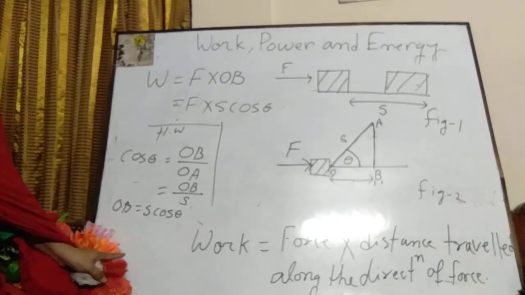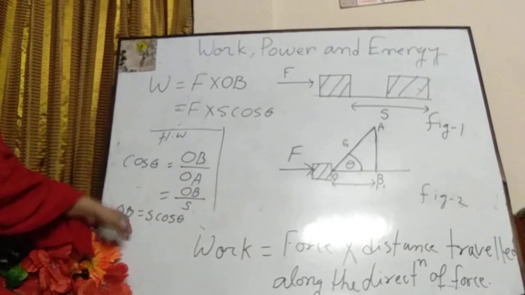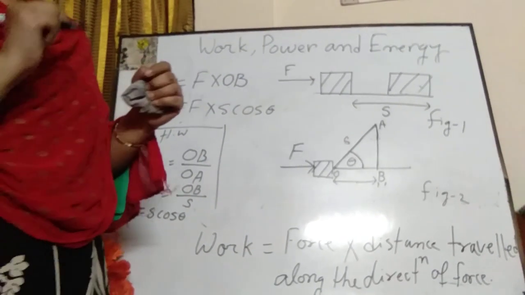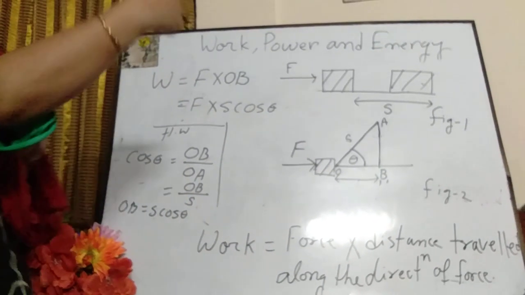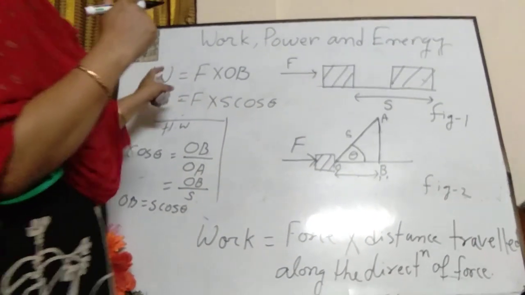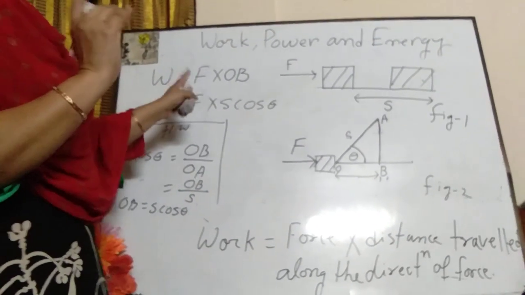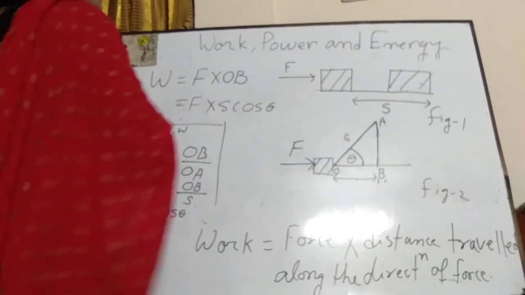Do you understand, everybody? We needed to find OB and we got it here. So when force is applied on an object and the object moves by making an angle theta with the direction of force, then the work done will be F S cos theta. I will show you some math depending on this formula also in the next class. Let's see this.